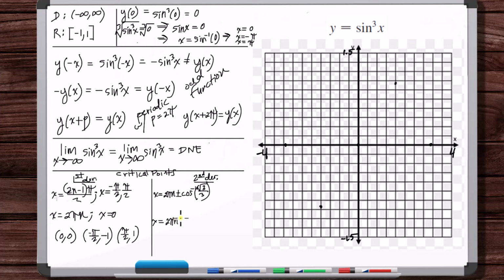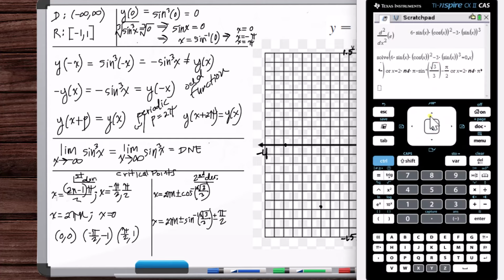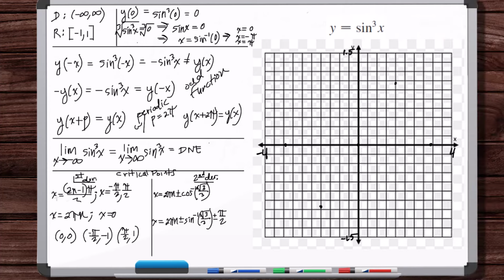And this is also going to be plus or minus inverse sine root 3 over 3, and then plus or minus pi over 2, because you can see the next equation is the exact same equation but with pluses instead of minuses. And then x is equal to pi n, not 2 pi n, pi n. So x is equal to pi n.